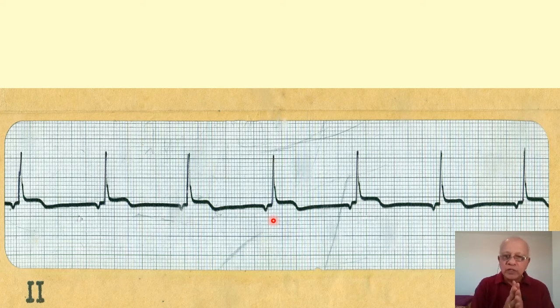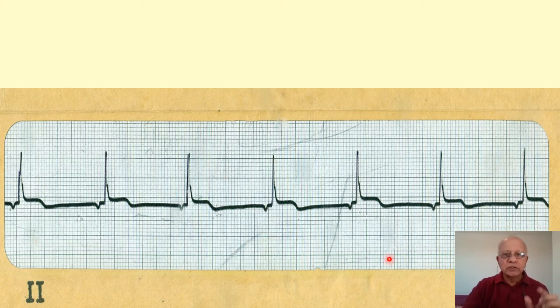So it will produce a normal PR interval, maybe a little shorter than the sinus rhythm, but still there will be an adequate PR interval, whereas here the PR interval is ultra short. So that would say that this is more from the junction than from the lower part of the atrium.